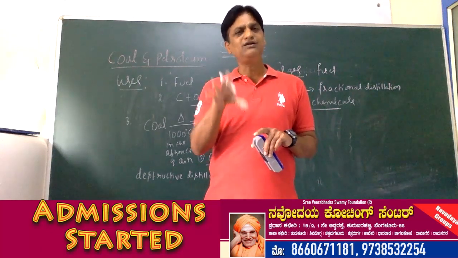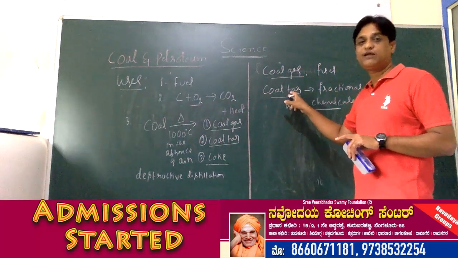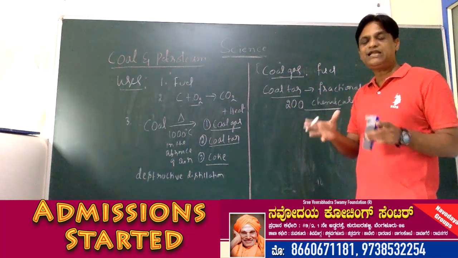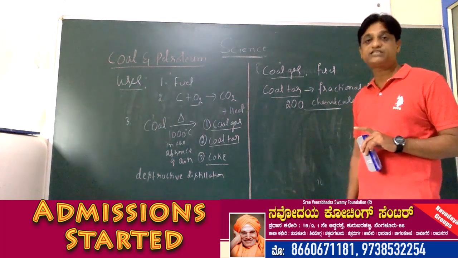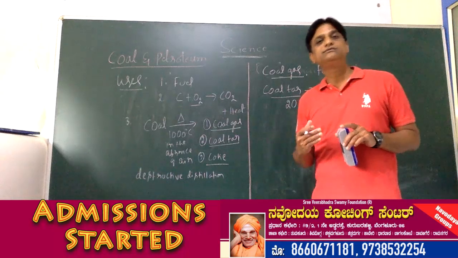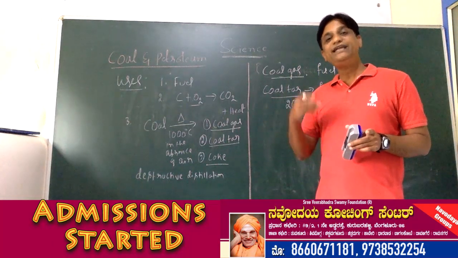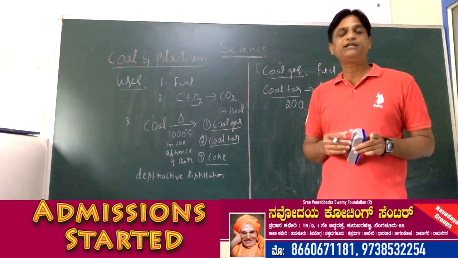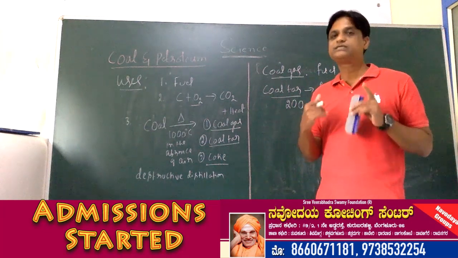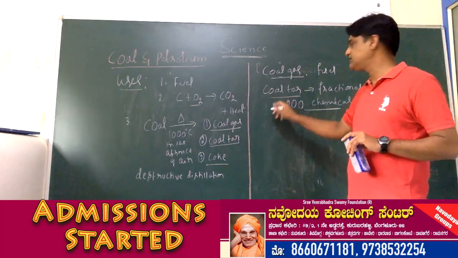All these are prepared from the materials which are obtained from coal tar. See, directly coal tar is useless, but when coal tar is subjected to fractional distillation, we get nearly 200 different compounds, and each one of them can be used as the starting material for the preparation of many useful products that we use in our day-to-day life. So that is the importance of coal tar.